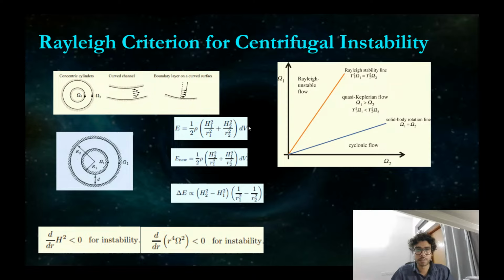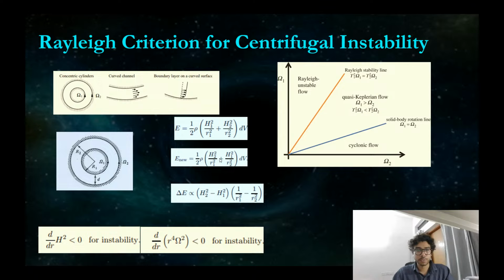So rho dV is mass, and if you solve this, it will come out to be r square omega square, right? So this is I omega square, and this is the energy of the fluid at the initial point, and this is the new energy of the fluid when you bring this blob of fluid from R2 to R1.